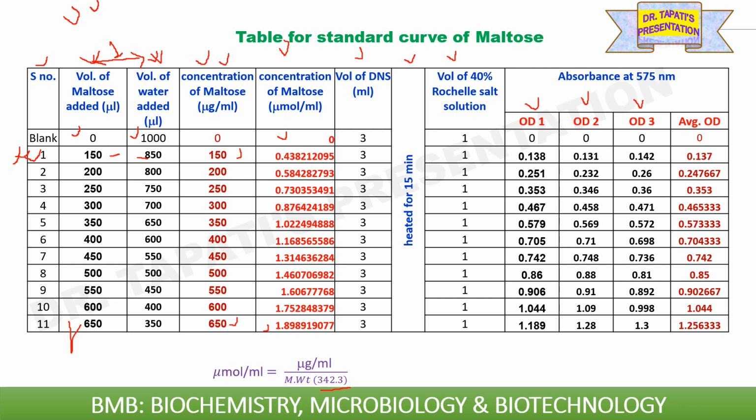Here I have given OD1, OD2 and OD3 for each of the concentrations, and then you have to measure the average OD. So the last column is for average absorbance at 575 nanometer.